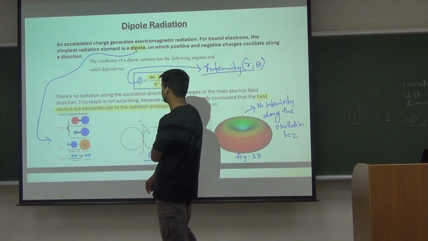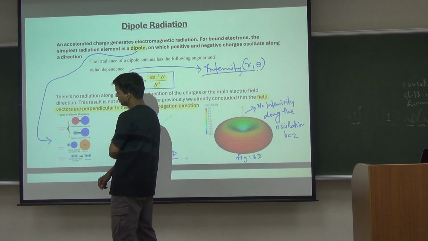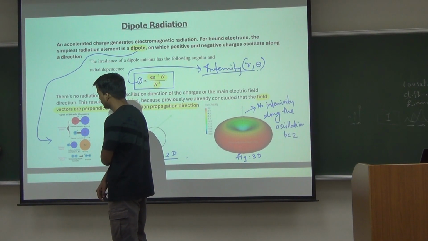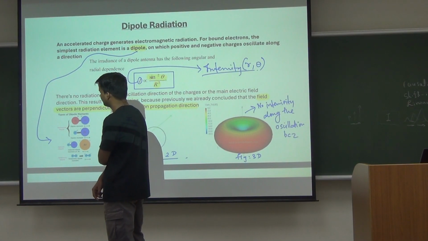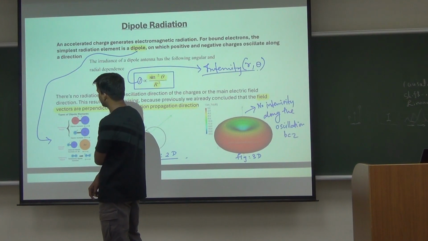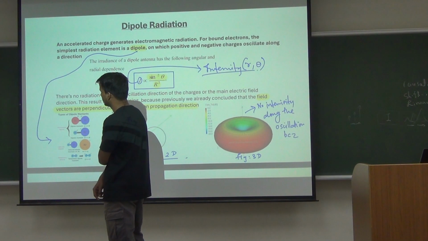Why do I still have radiation along this direction? I can have strong radiation here, and you can understand that, right? But why can I still have radiation on this? This is the question, right? Am I right? Why can I still have this radiation?